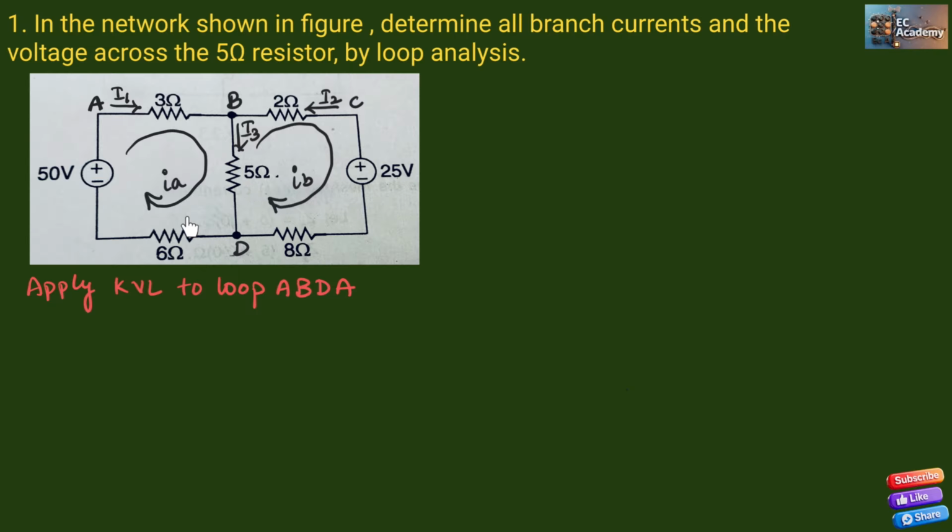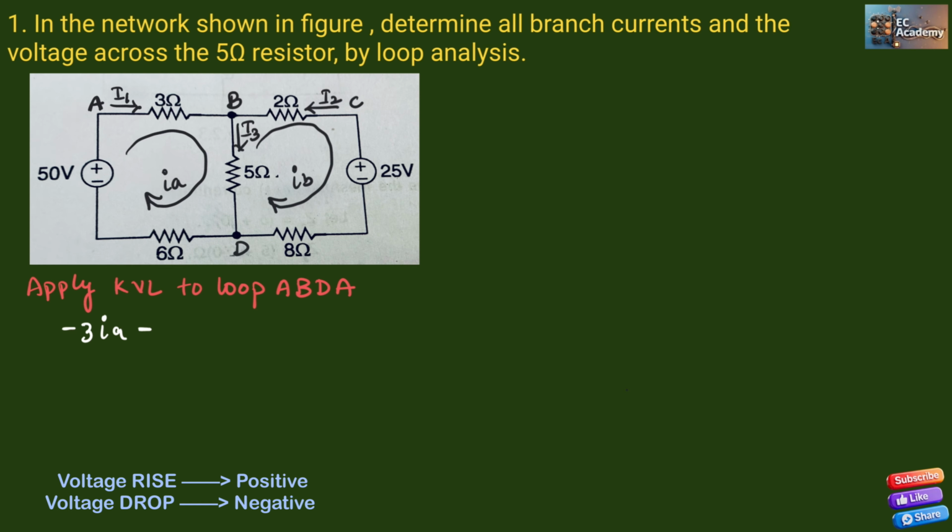The voltage drop across this resistor will be 6IA. Since we are traversing from minus to plus across the battery, this is a voltage rise, which is positive. So across the 3 ohm resistor, it is minus 3IA.